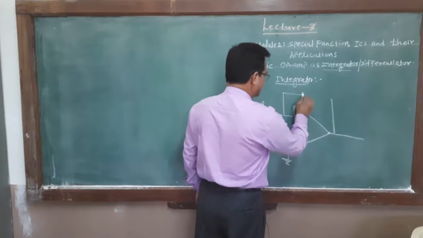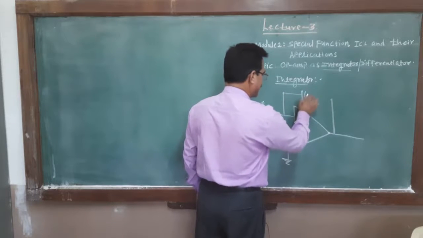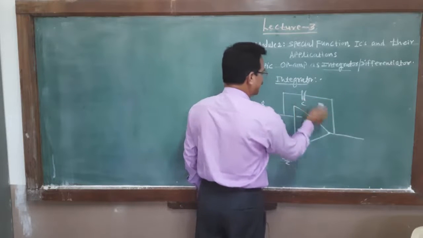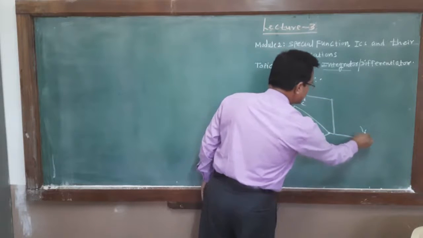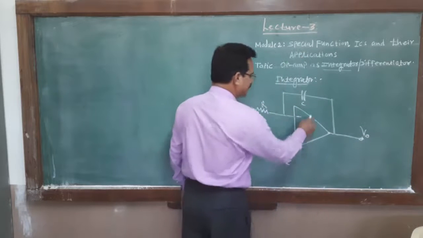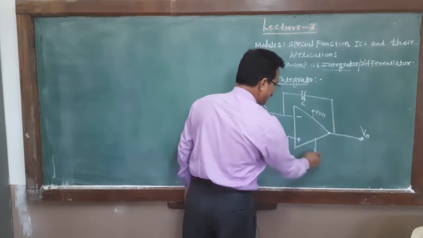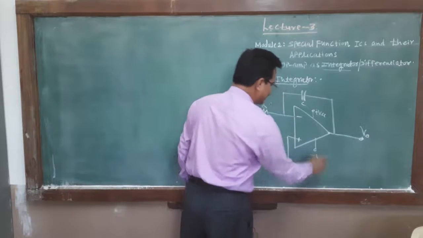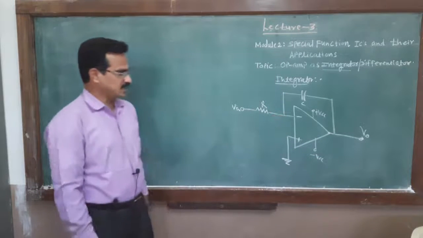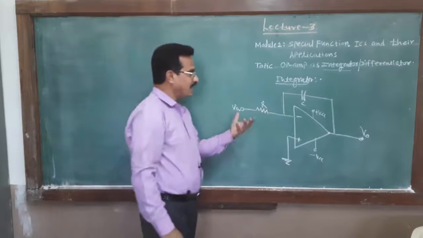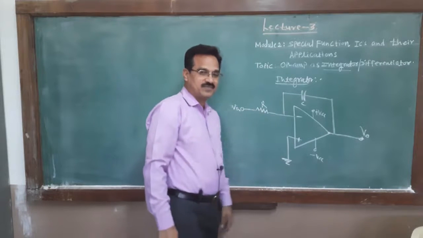For that purpose, a capacitor is used. We call this the output. Again, here is plus VCC and here is minus VCC. This is a simple circuit where the operational amplifier acts as an integrator.